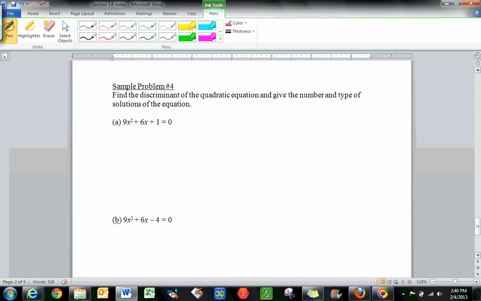In this final problem, sample problem number 4, all we're asking you to do is take the quadratic, which should already be in standard form. If it's not, you would need to rewrite it in standard form, and take the discriminant. Remember, the discriminant does not have the square root sign. It's simply b squared minus 4ac. So go ahead and pause the video now and work sample problem 4, parts A, B, and C.